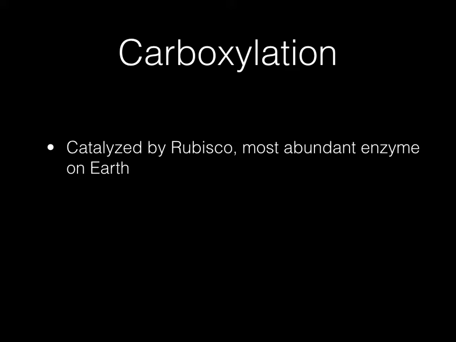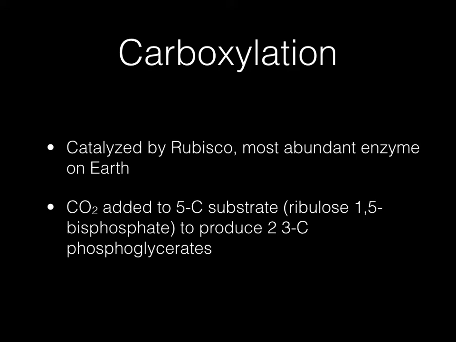The name of that carbohydrate is shown here, ribulose 1,5-bisphosphate, and that's where the name of the enzyme comes from. Rubisco can carboxylate ribulose 1,5-bisphosphate. The 1,5 refers to the positions of the phosphates, and so we know based on that name that the phosphates are on the ends of the 5-carbon substrate, and that's part of what makes it so reactive.